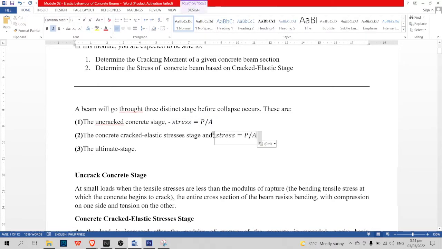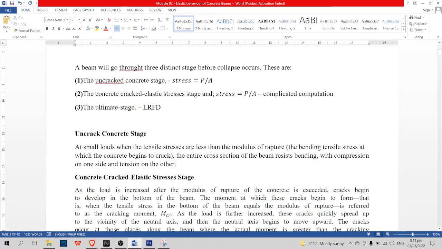Dito rin sa pangalawang stage, ito rin yung gagamitin natin, but much more complicated yung computation. Dito naman pagdating sa ultimate stage, ito na papasok yung design natin na LRFD.